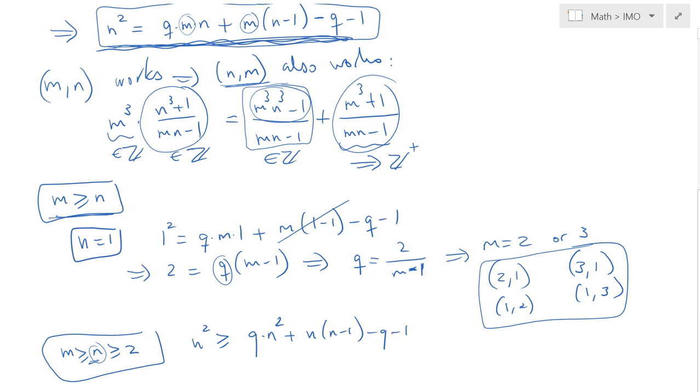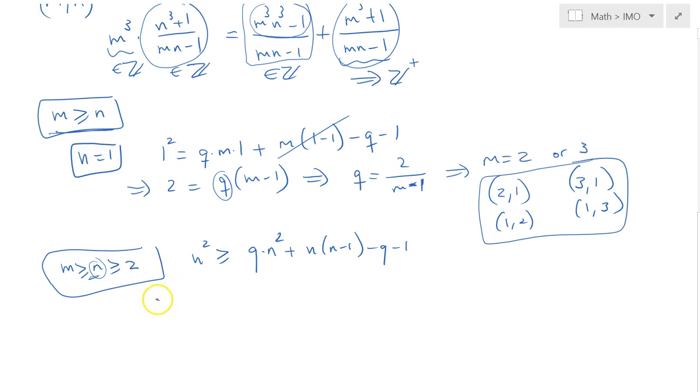And after reorganizing this, we should get things simplifying. Yeah, so we have n squared on the right side and n squared on the left side, so we have minus n minus q minus 1. I can move things around. Let's take out, so 0 greater than or equal to, so factor out the q.